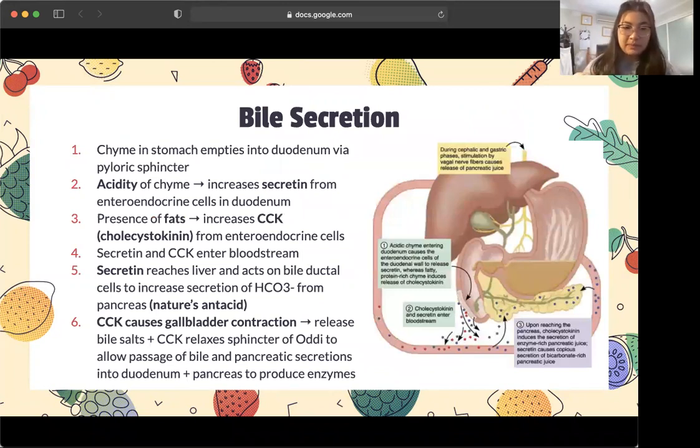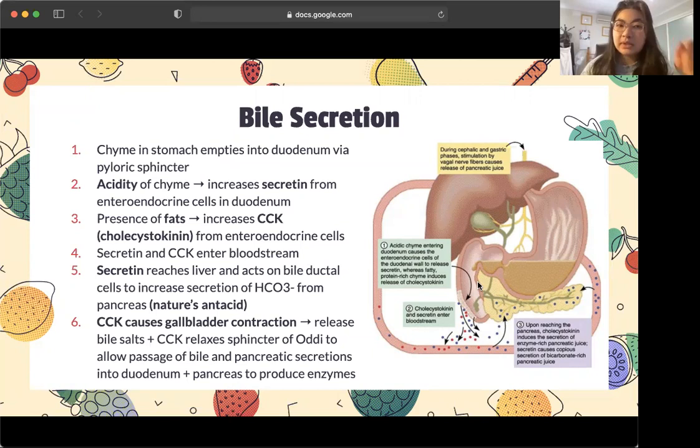Bile secretion, we want to be aware of 2 molecules, secretin and cholecystokinin, or CCK. The way I went about remembering this is that what causes the release of that molecule is going to determine what it does, which makes sense. The acidity of chyme coming in from the stomach entering the duodenum is going to cause the enteroendocrine cells of the duodenum to release secretin.